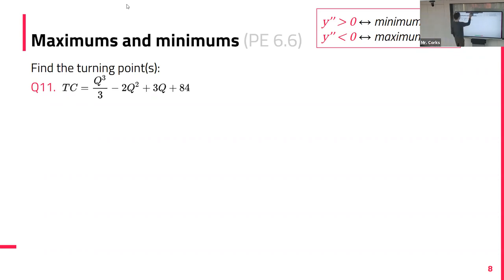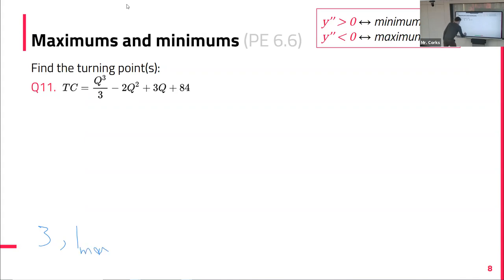Okay, tell me the turning points. 3 and 1, okay. And what are they? This is a max, and 3 is a, okay. Let's take a look and see if we get the same answers here.